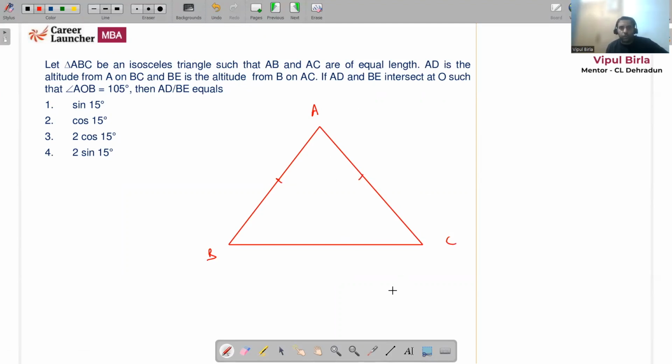AD is an altitude from A on BC. Since it is an isosceles triangle, AD will divide BC into equal parts.